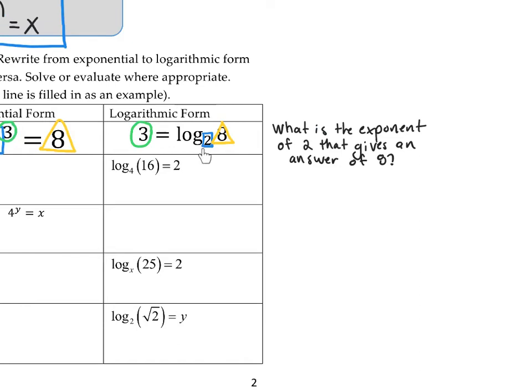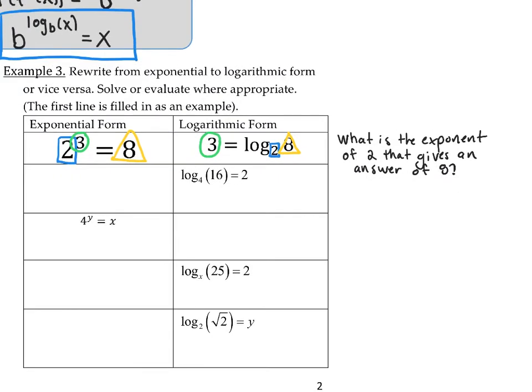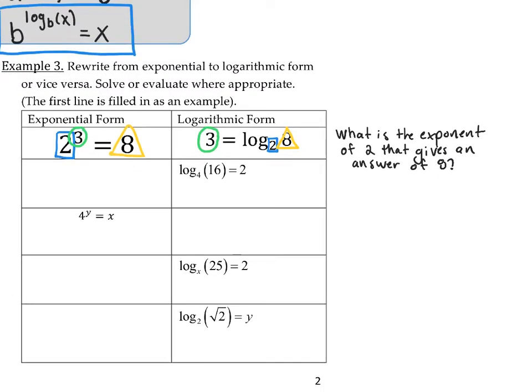This means what is the exponent of 2 that gives an answer of 8? Well, of course, we know that the exponent on 2 that gives an answer of 8 is 3. And if we look back at the exponential form, that translates to 2 raised to the power 3 equals 8.